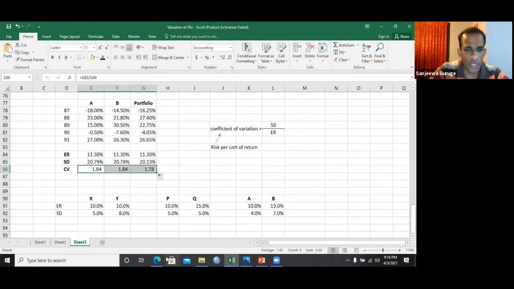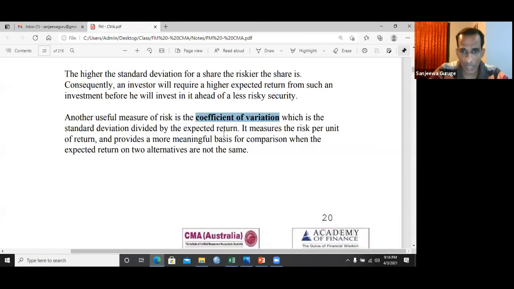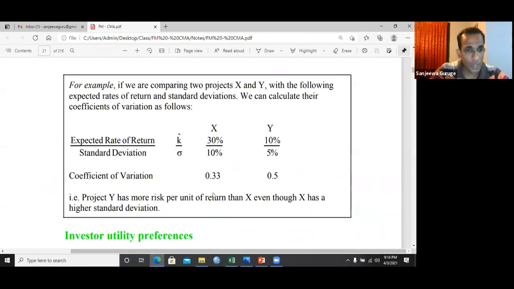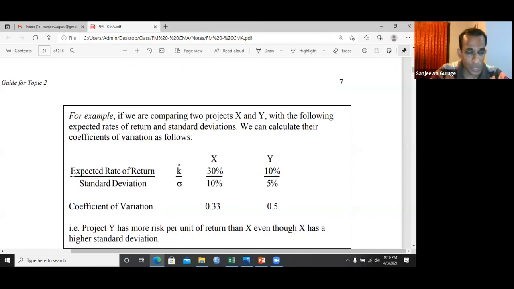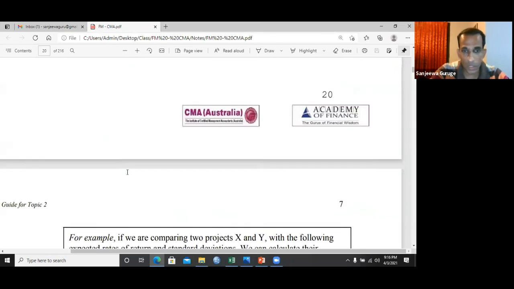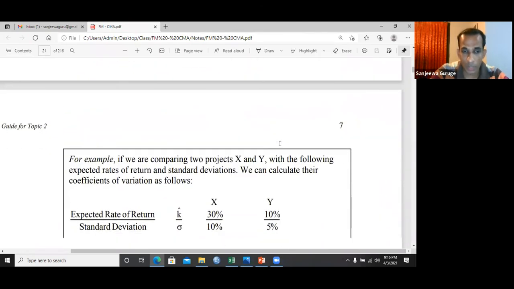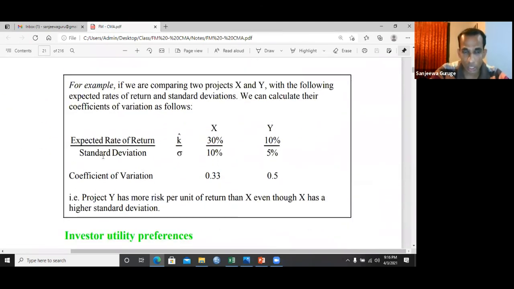In this study text, the formula is given the other way. This is not correct. The coefficient of variation measures the risk per unit of return. That means the formula is standard deviation divided by expected return.